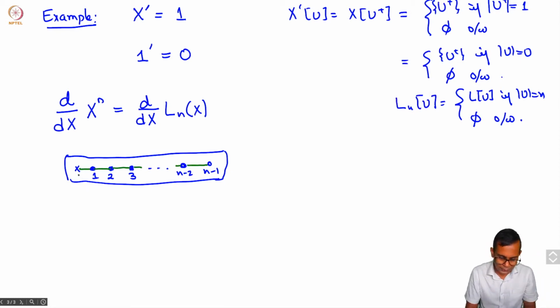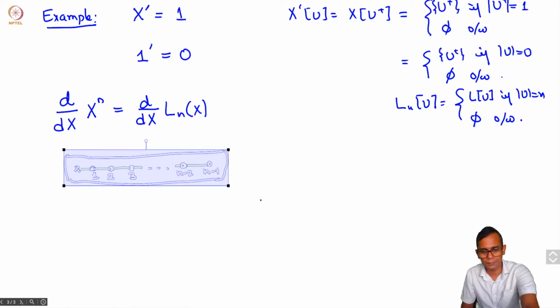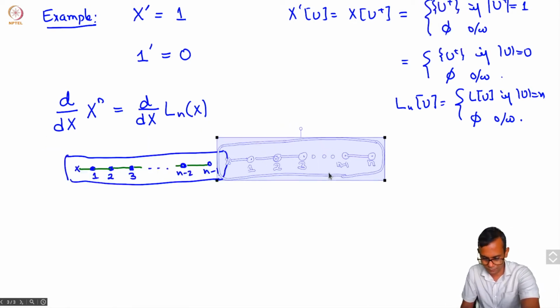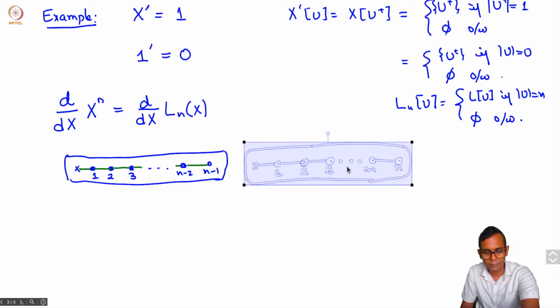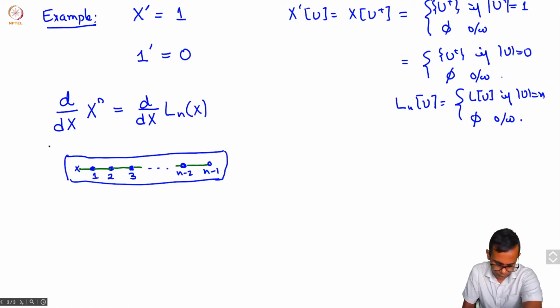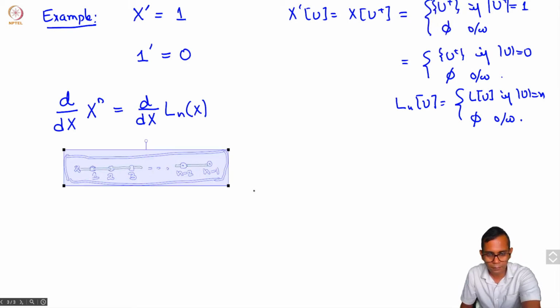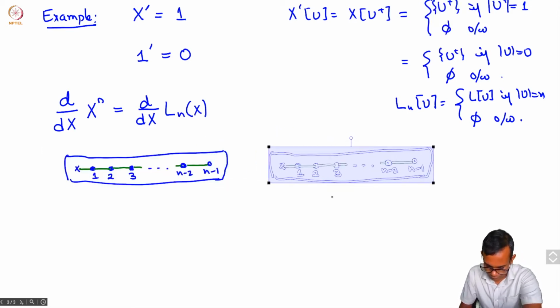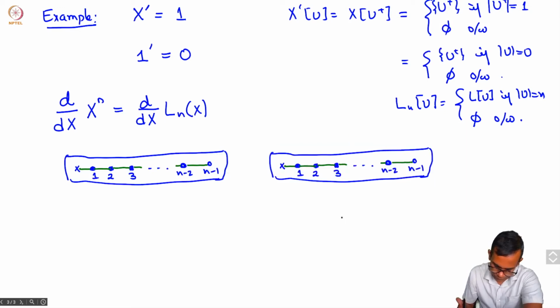But it could also be that the star occurs in the second position. So we may have something like this.